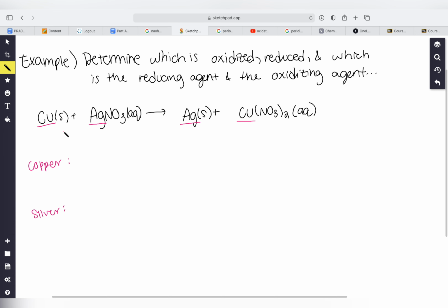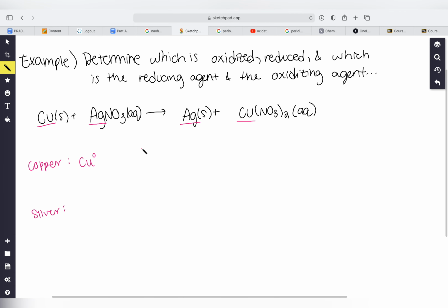Copper has a charge of 0, because anything as a solid doesn't have a charge, but if it's aqueous, as we learned in the last video, and it is an electrolyte, it has a charge. So in this scenario, copper starts out not having any charge.